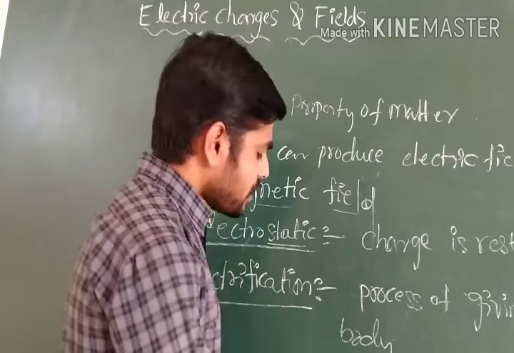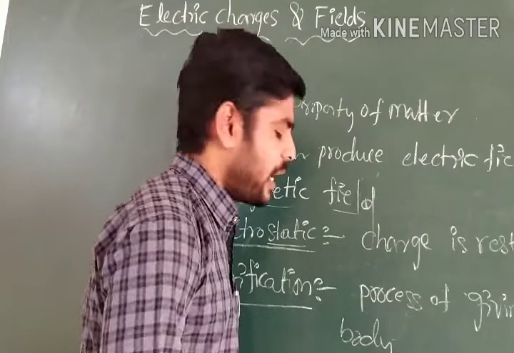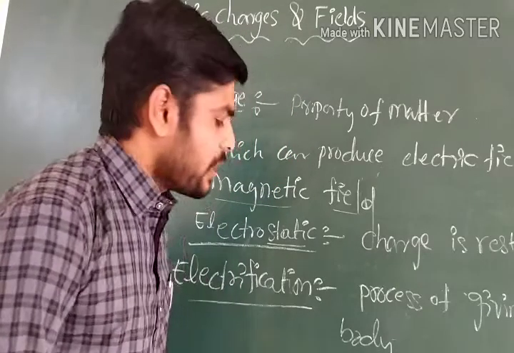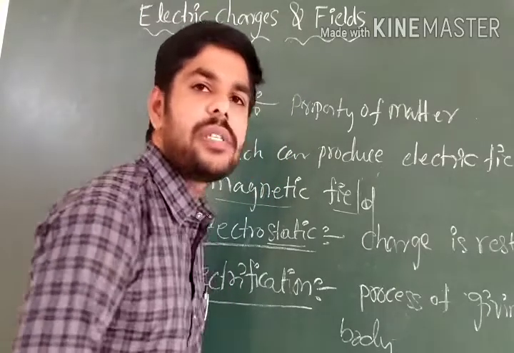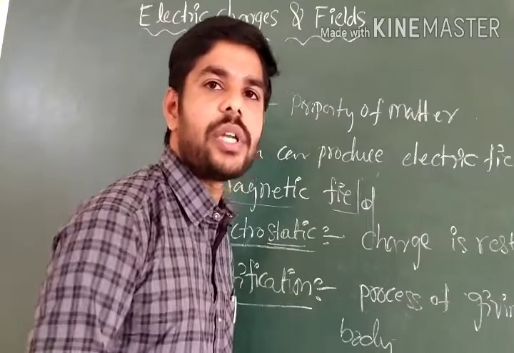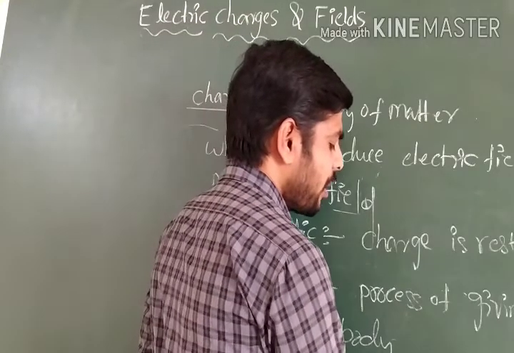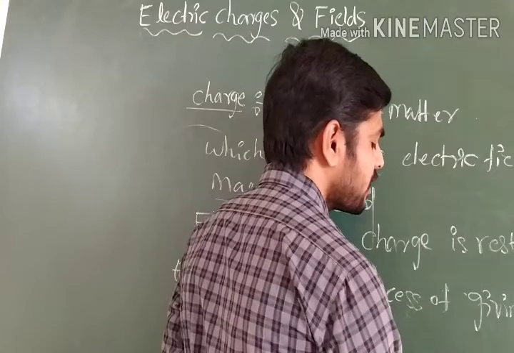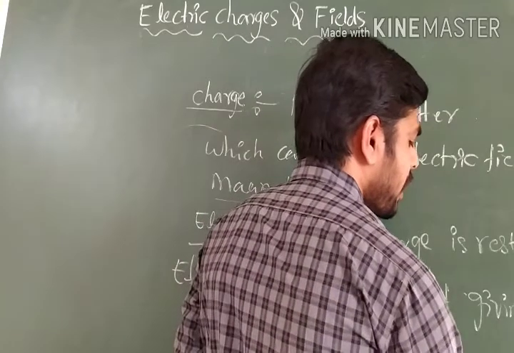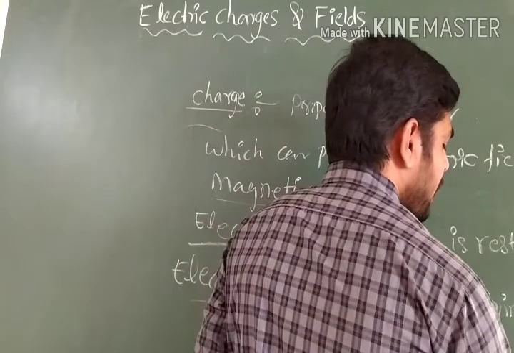If the atom is in a stable or equilibrium position, the number of positive charges is equal to the number of negative charges.